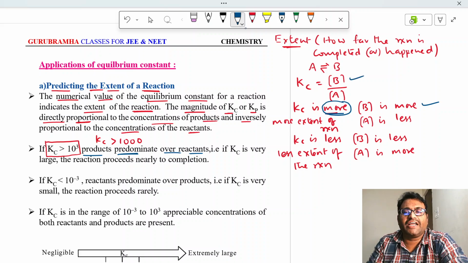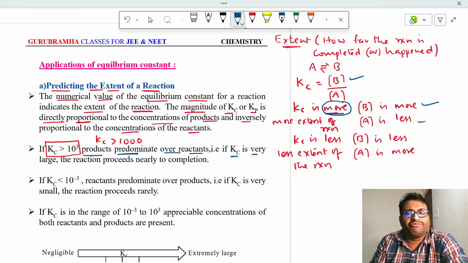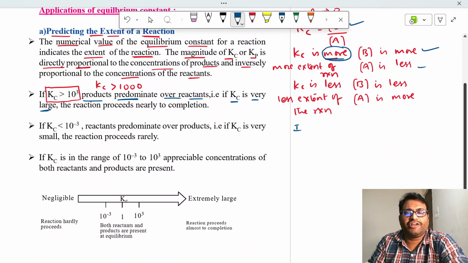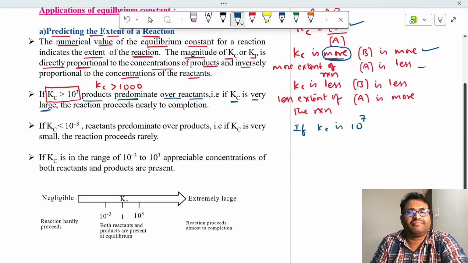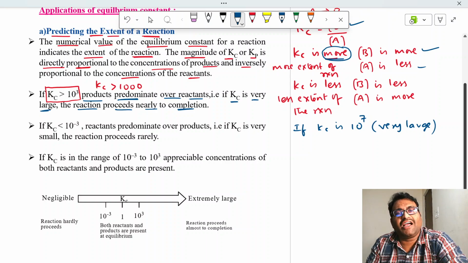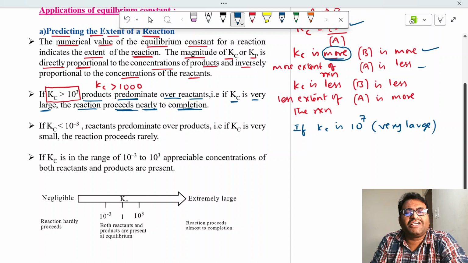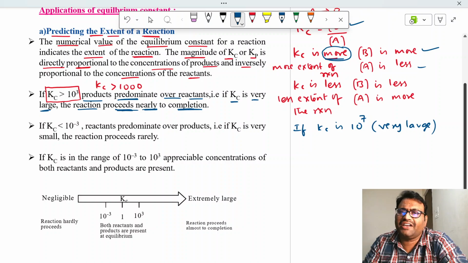B concentration is more than A. If Kc is very large, for example 10 power 7, then the reaction proceeds nearly to completion. Completion means the reaction has almost completed, 99.9% of the reactant has been converted into product. So generally, if it is greater than 1000, we say that product concentration is greater than reactant concentration. But if Kc is very much large, then we say that the reaction has almost completed.